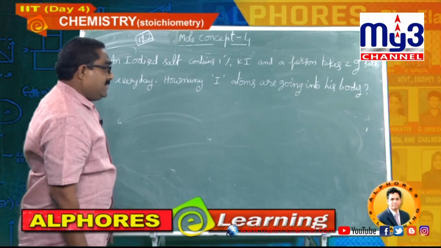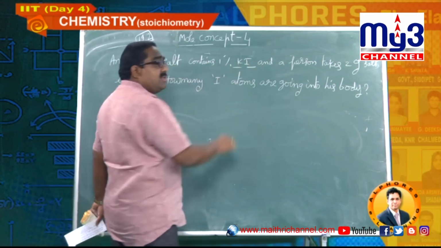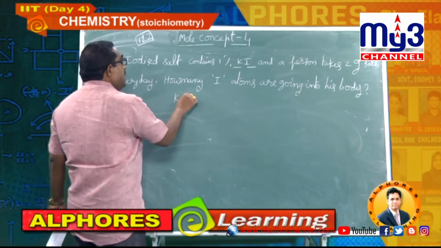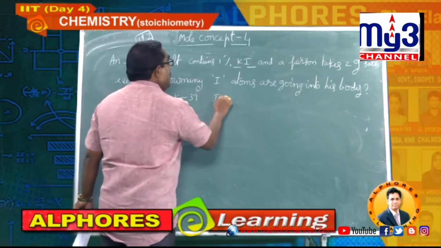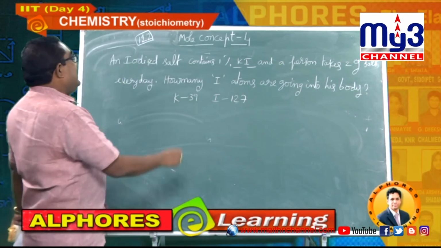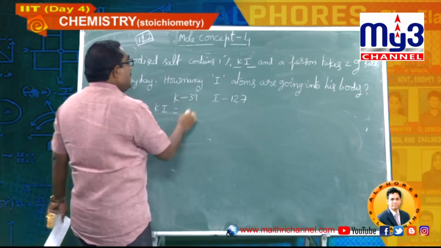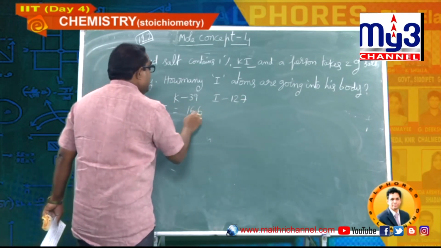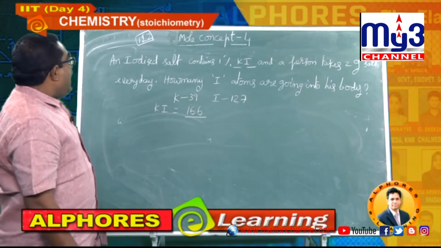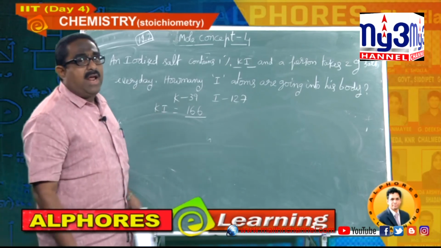Please concentrate. For this we need data, the atomic weight of potassium and iodine. Atomic weight of potassium is 39 and iodine is 127. So, the molar mass of potassium iodide is 127 plus 39, that comes as 166, and he is taking iodine atoms in the form of potassium iodide salt.